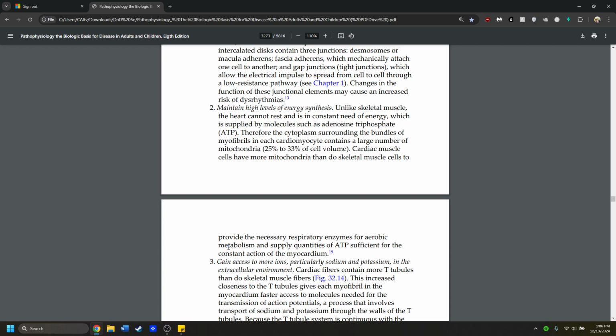Cardiac muscle cells have more mitochondria than skeletal muscle cells to provide the necessary respiratory enzymes for aerobic metabolism and supply quantities of ATP sufficient for constant action of the myocardium.